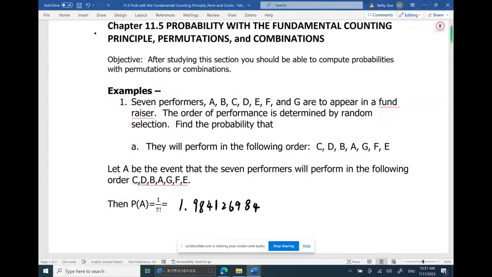What does this mean? Since the calculator has limited space, if you see something like that, it means we are going to move the decimal point 4 places to the left. This basically means multiply by 10 to the power of -4.